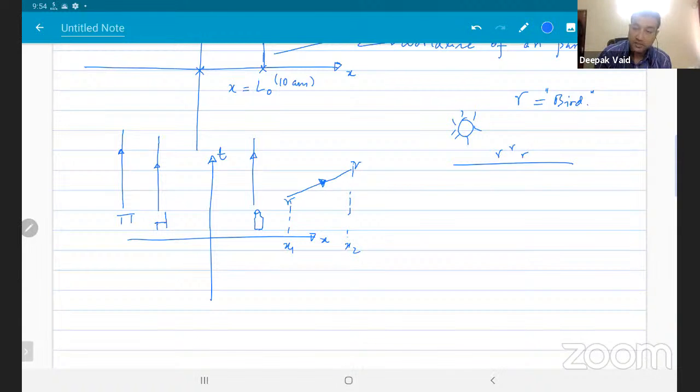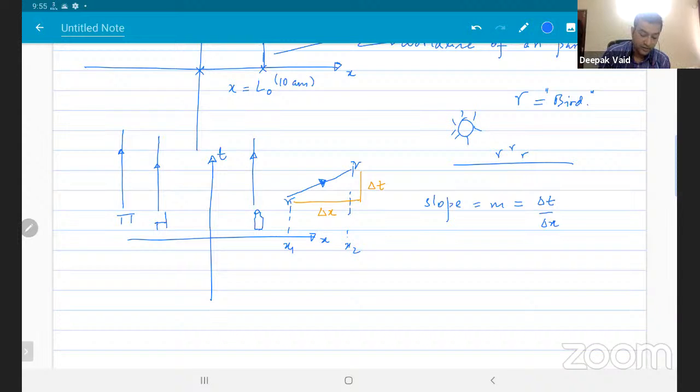The horizontal direction tells you the spatial displacement, and the vertical direction gives you the time displacement. So this is delta x and this is delta t, right? So what is the slope of this line? I'll write it as m. This slope is delta t by delta x.